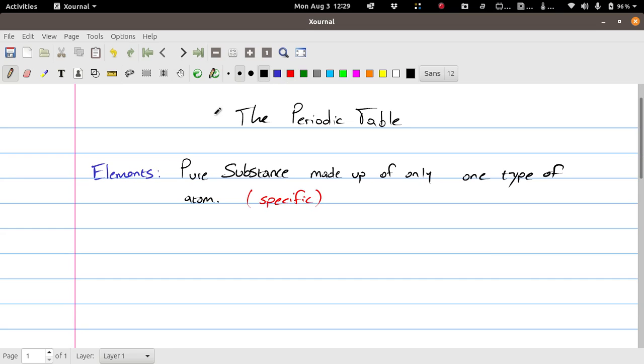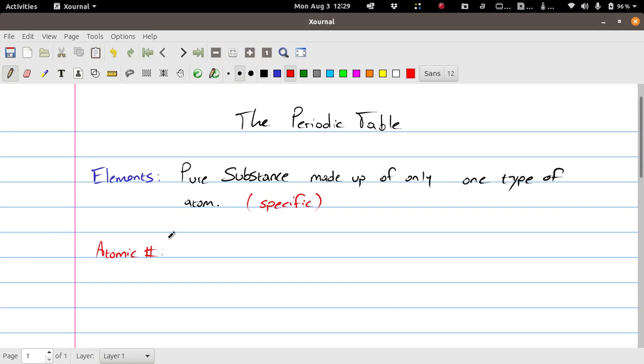The other thing we're going to go over is atomic number. So the atomic number is the number of protons in an element. The number of protons in an element.